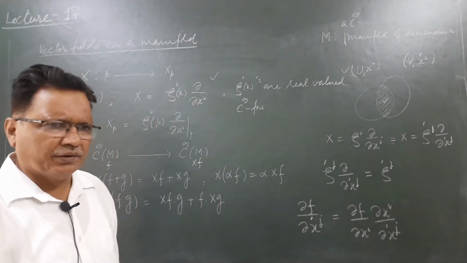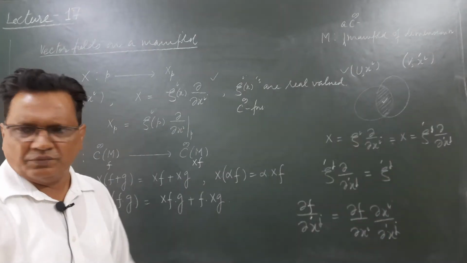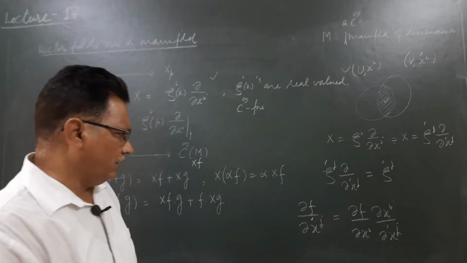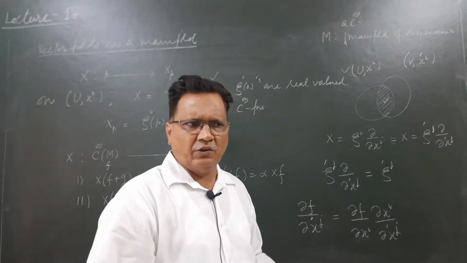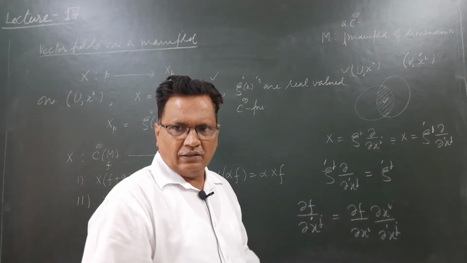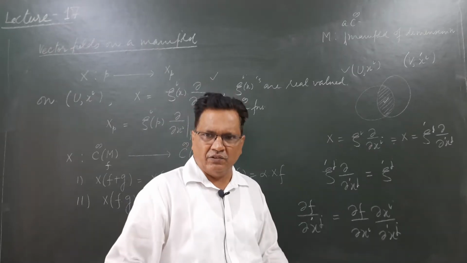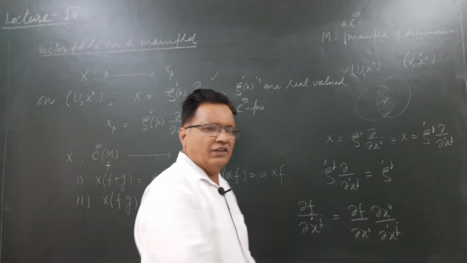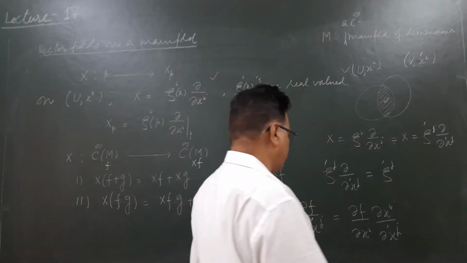We know this property of the partial derivatives. It's in fact the chain rule, and this is true with coordinate x i also. We have seen this chain rule only in Rn, but since partial derivatives are defined in terms of the partial derivatives of Rn, the same relation will hold over there also. So I will make use of this fact.